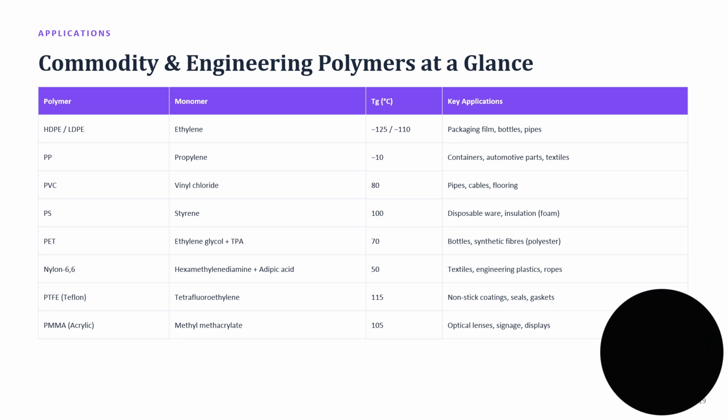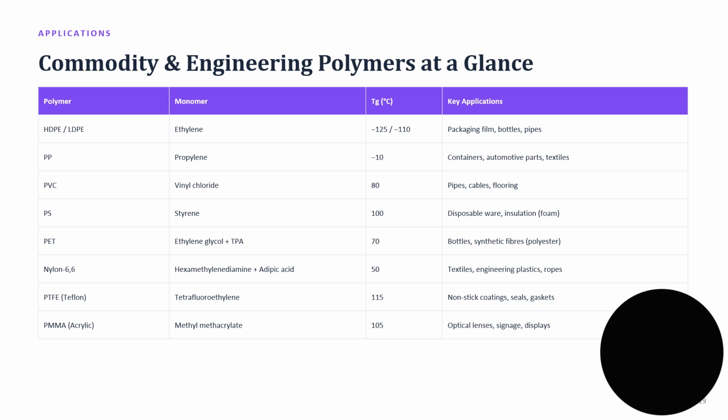Polystyrene has a Tg around 100, explaining its glassy, brittle character at room temperature. PET, made from ethylene glycol and terephthalic acid, has a Tg of 70 and is the polymer behind both plastic bottles and polyester fiber. Nylon 66 has a Tg around 50 and finds use in textiles, engineering plastics, and ropes.